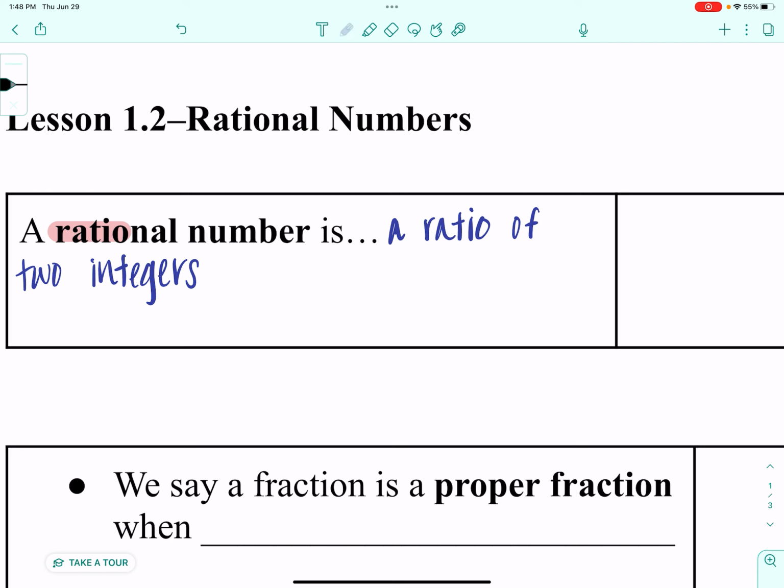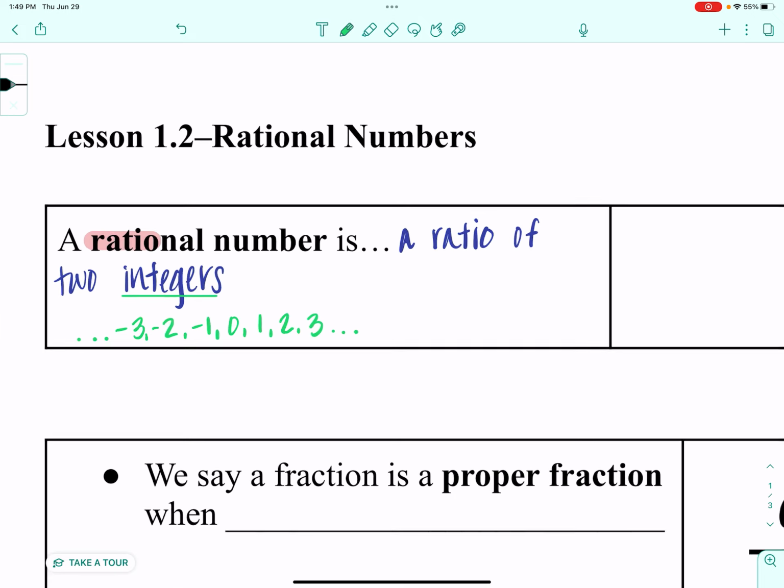Remember that the integers include the negatives, 0, and the positives, but we're only using whole numbers. We don't have any decimals or any fractions in here.